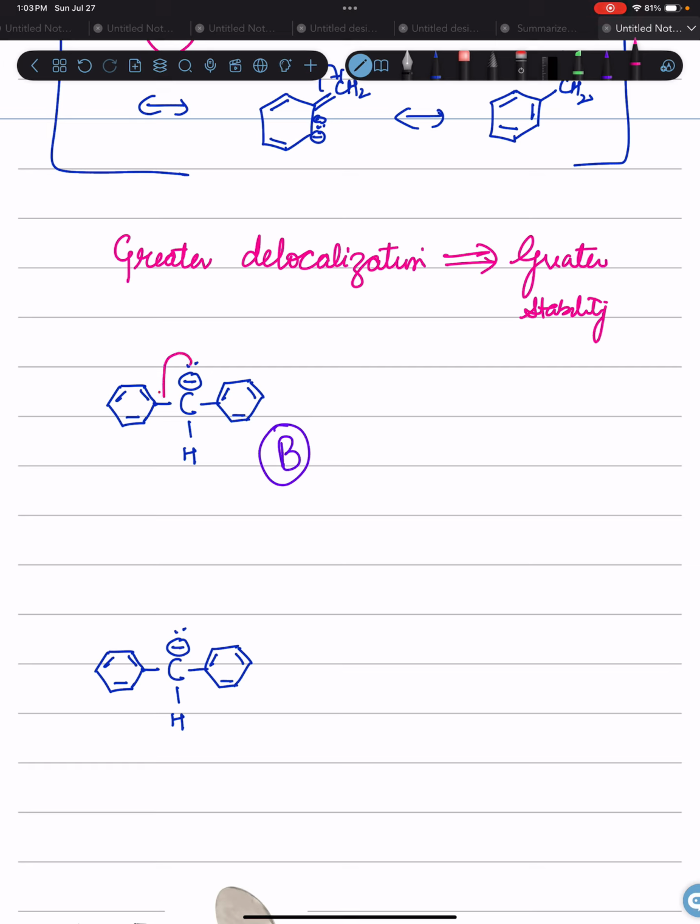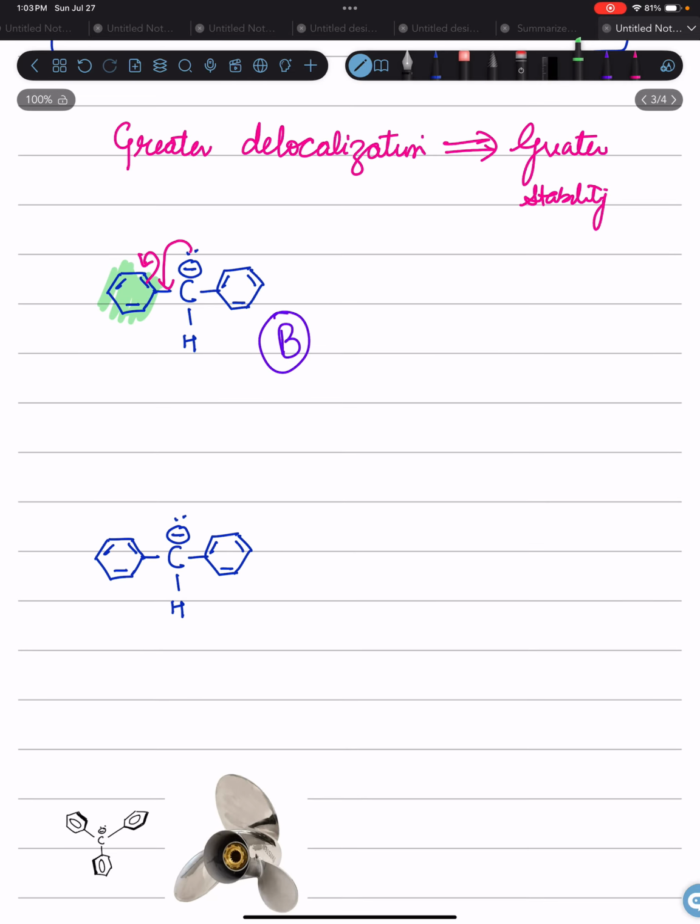One of them is like this, and then it spreads onto the whole of this ring, which I'm putting in green. The other option is that this negative charge gets delocalized onto the second ring. Both are equally probable and both happen.